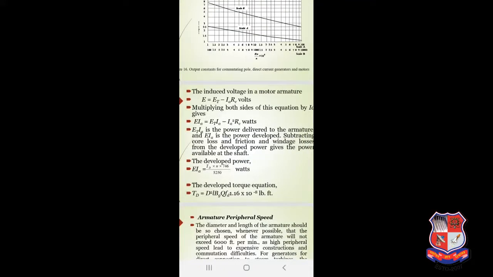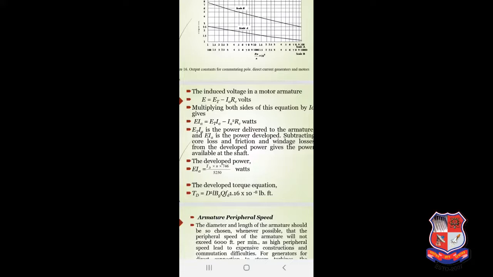Now the induced voltage in the motor is equal to Et minus Ia Rc volt. Multiplying both sides by Ia, we get E Ia is equal to Et Ia minus Ia square Rc watt. So Et Ia is the power delivered to the armature and E Ia is the power developed.